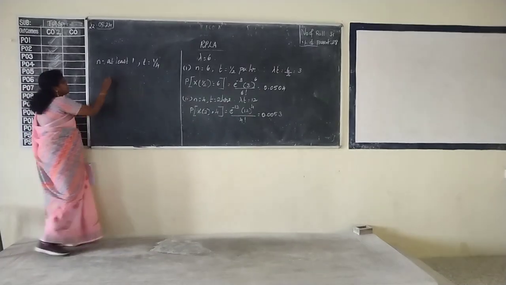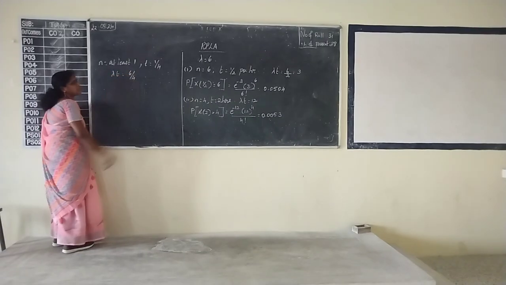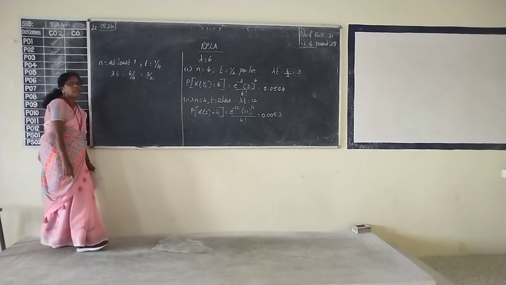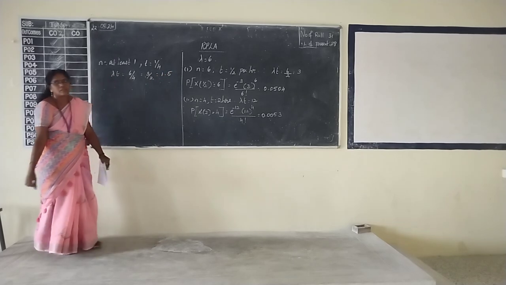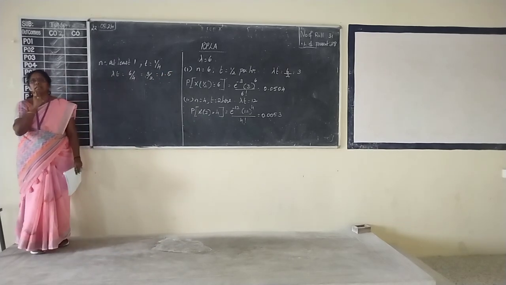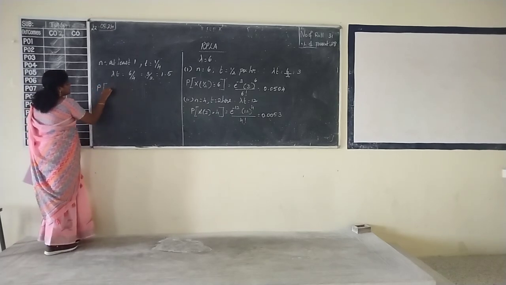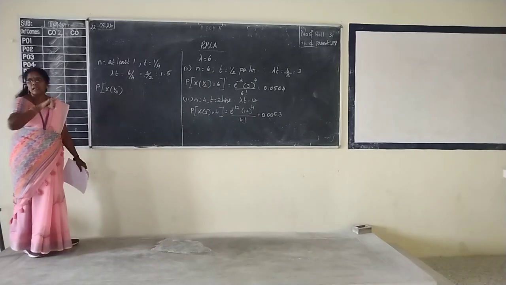Find lambda t. Lambda is 6 and t is 1 by 4, so it is 3 by 2, which is 1.5. Lambda t is 1.5.